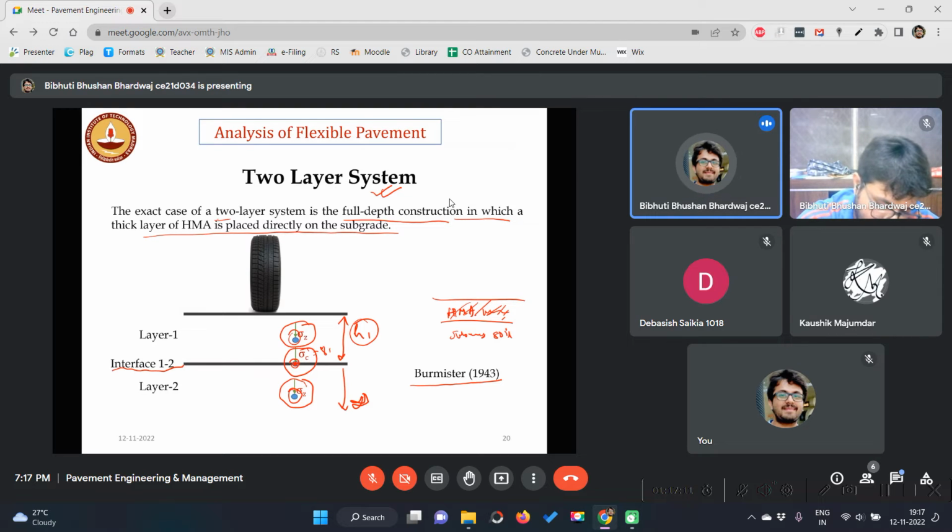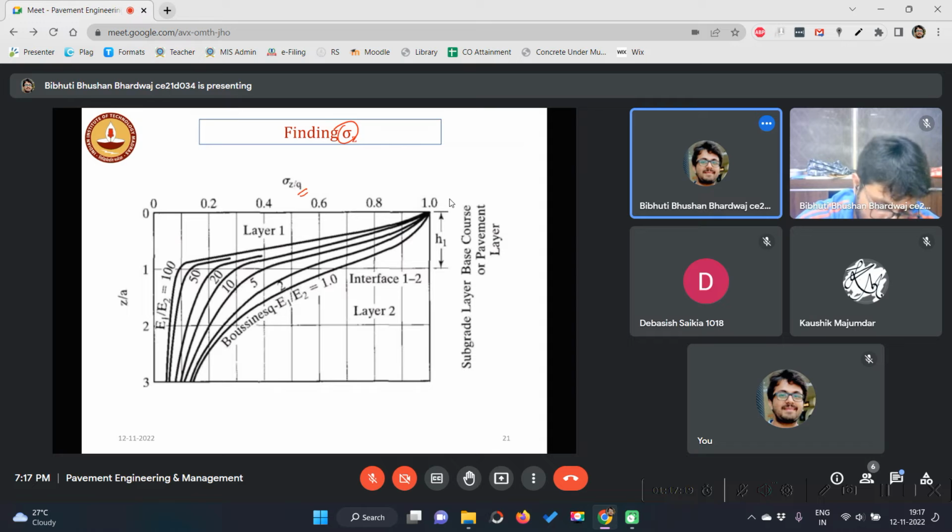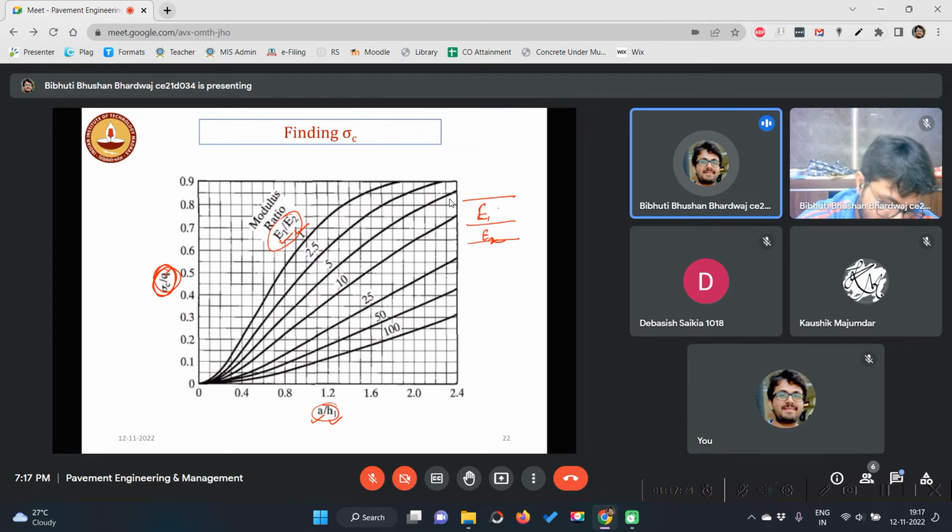This is given 8 psi, right? This H1 is to be found out. So can you use this one? No. Can you use this one? Yes. So sigma c is known, Q is known, E1 is known, E2 is known, A is known. We need to find out only H1.